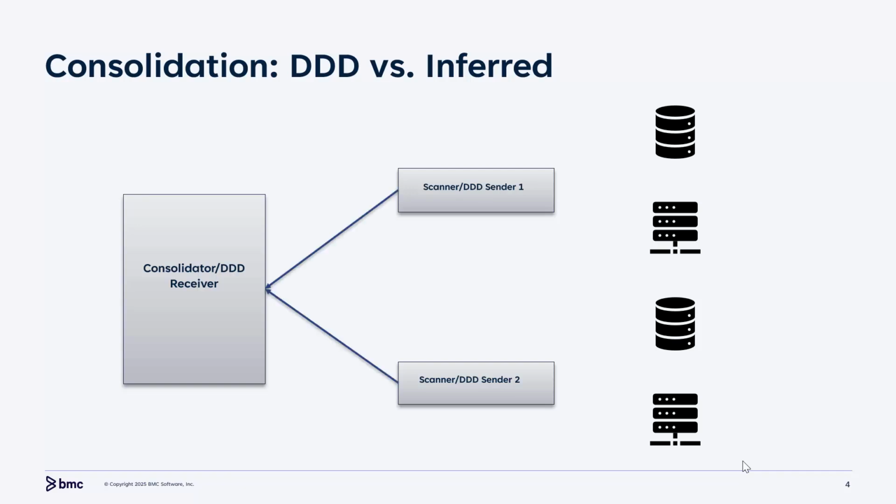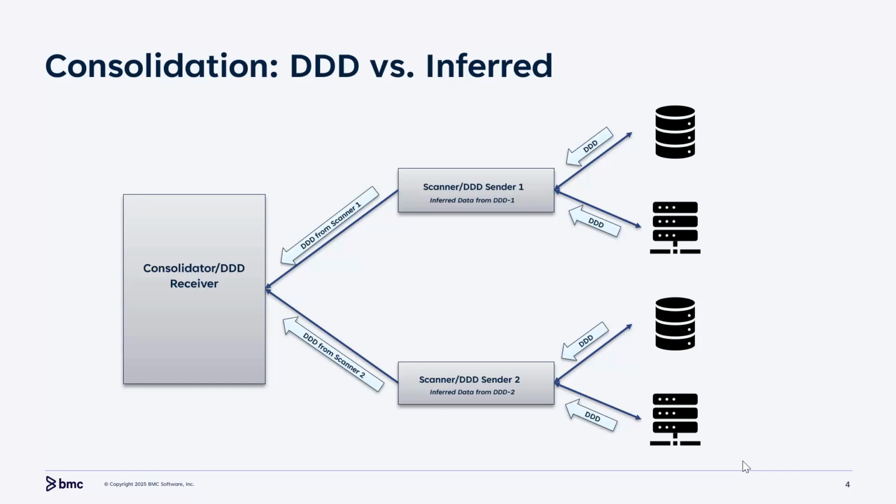These scanners will connect to your target endpoints and capture the directly discovered data. Based on the directly discovered data, these scanners are going to create the inferred data, and simultaneously they will send the DDD data to the consolidators, where based on all the DDD data received from all the different scanners, a new set of inferred data will be created.